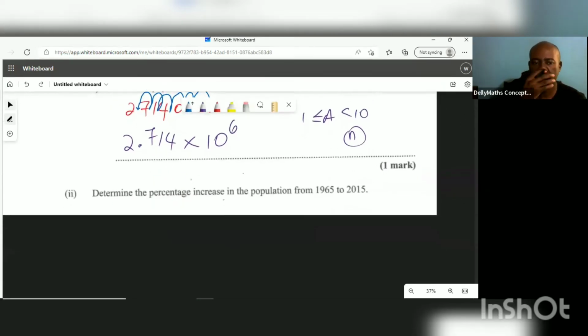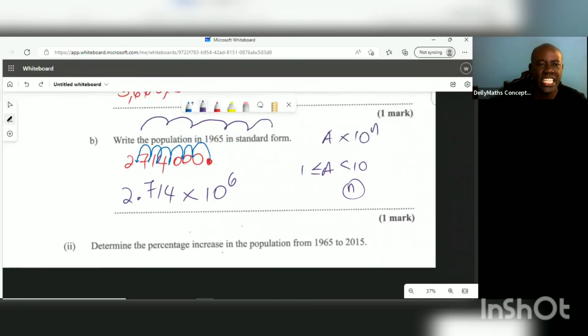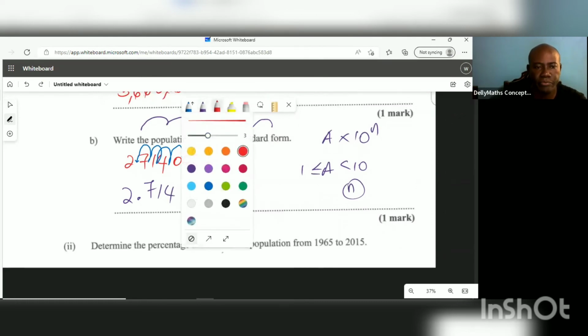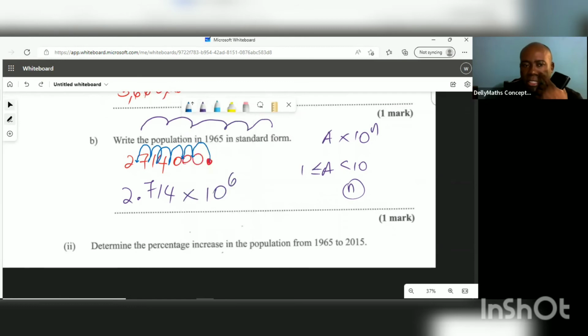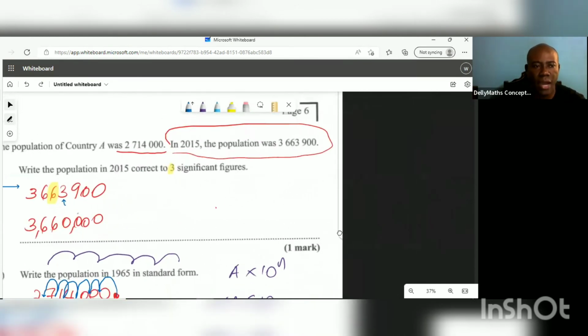Next question says, determine the percentage increase in the population from 1965 to 2015. So in order to get the percentage increase, what we want to do is to subtract the two figures.